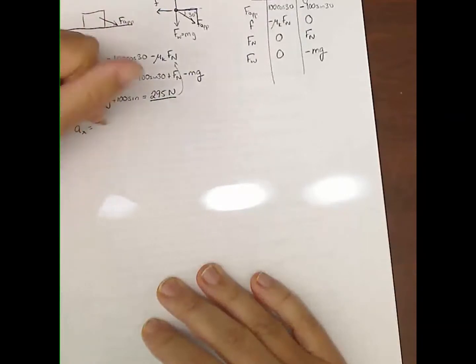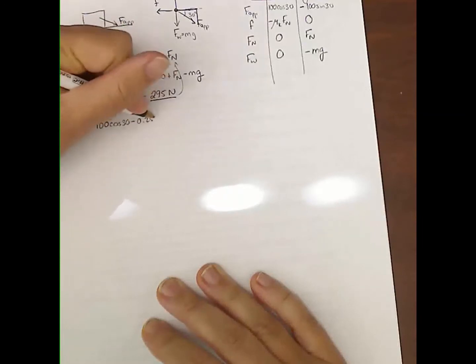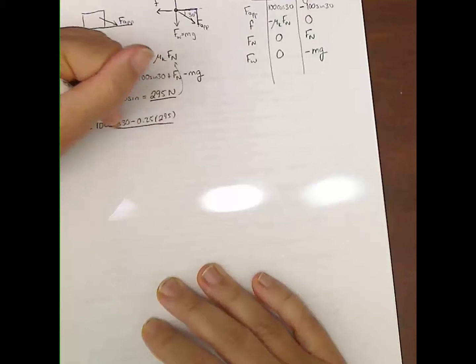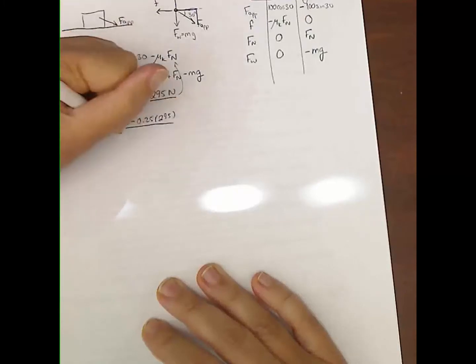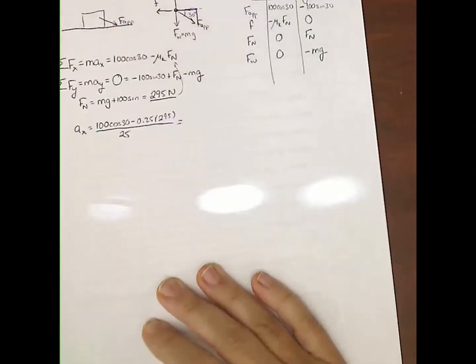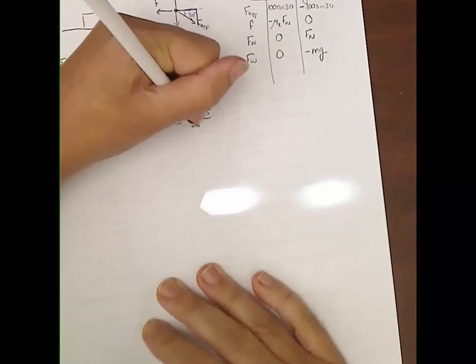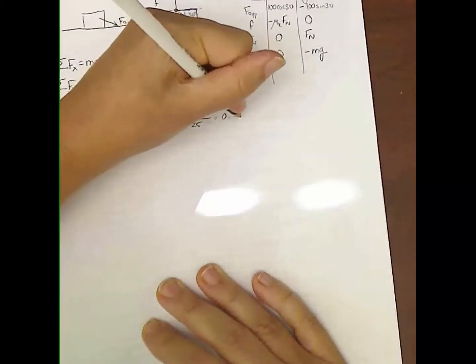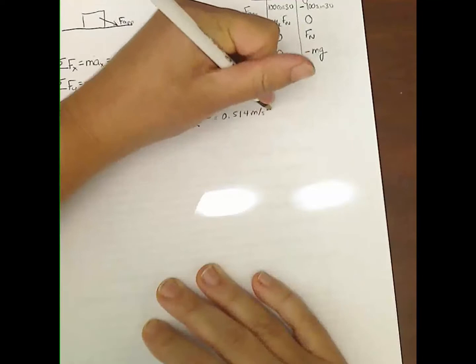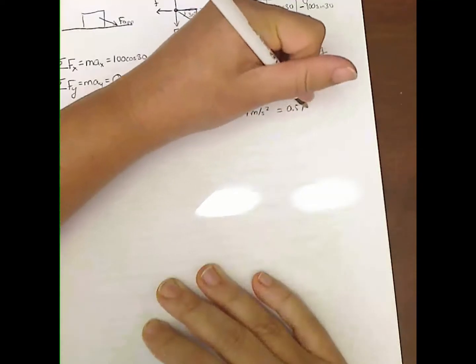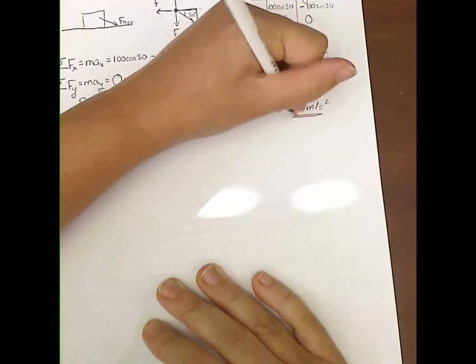So acceleration in the x direction is 100 cos 30 minus mu k, which is 0.25, times the normal force, divided by the mass. So on the top, I've got 100 times cos of 30, which is 86.6, minus 0.25 times 295. I get 12.85 over 25, which is 0.514 meters per second squared, and I've got to round that to 0.51, keep 2 sig figs, meters per second squared.